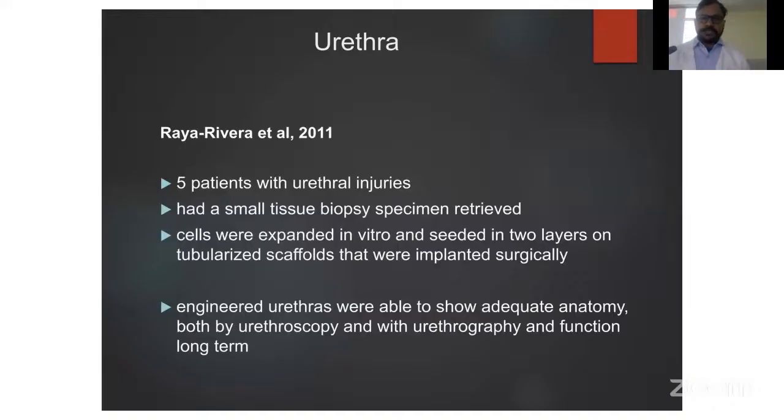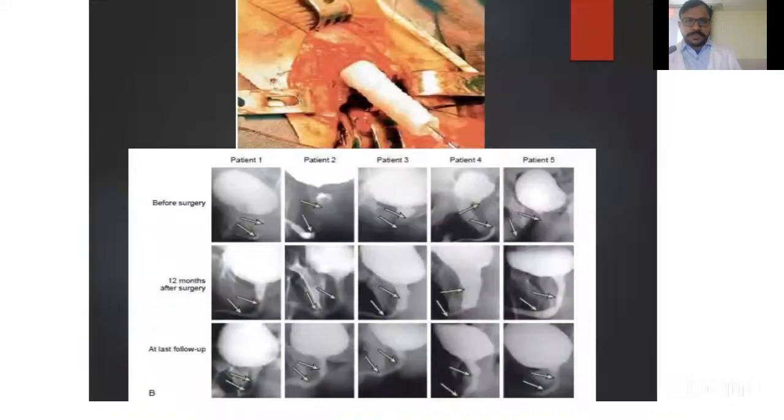Five patients with urethral injury included in the study had a small tissue biopsy taken, and cells were cultured in vitro, seeded in two layers on a tubular scaffold that was implanted surgically. The engineered urethra showed adequate anatomy, both by urethroscopy and urethrography, and function long term.